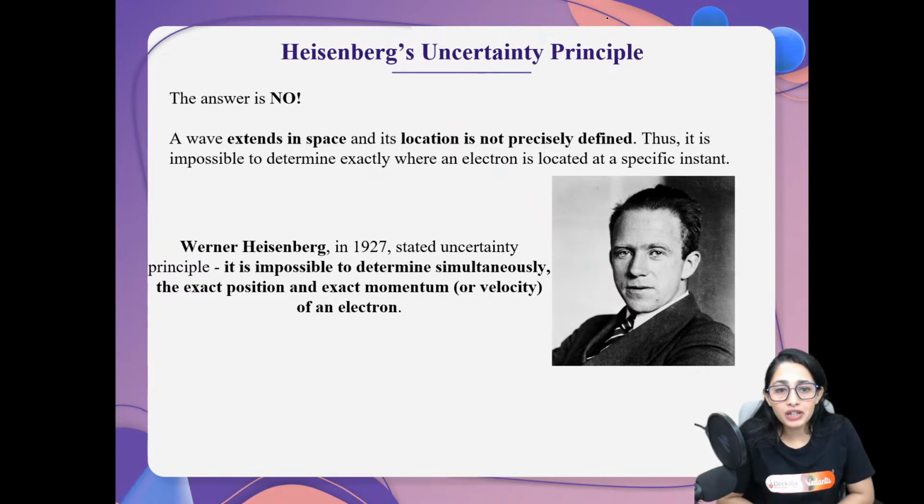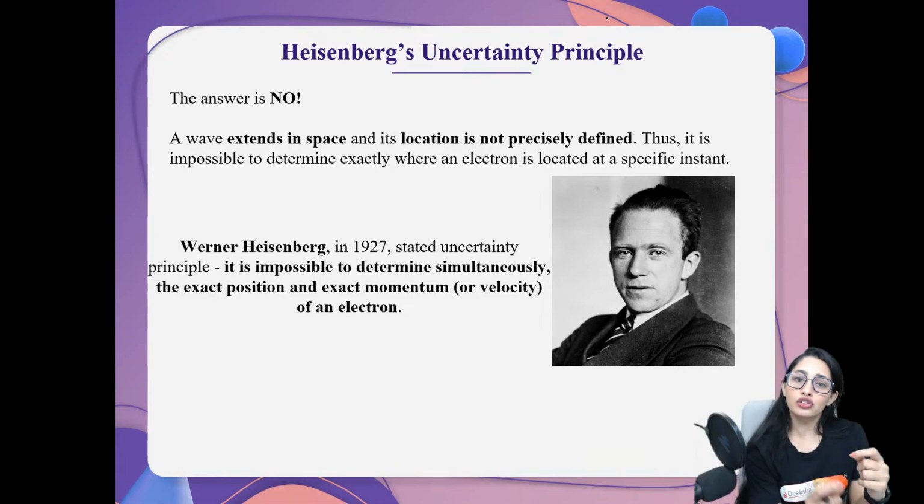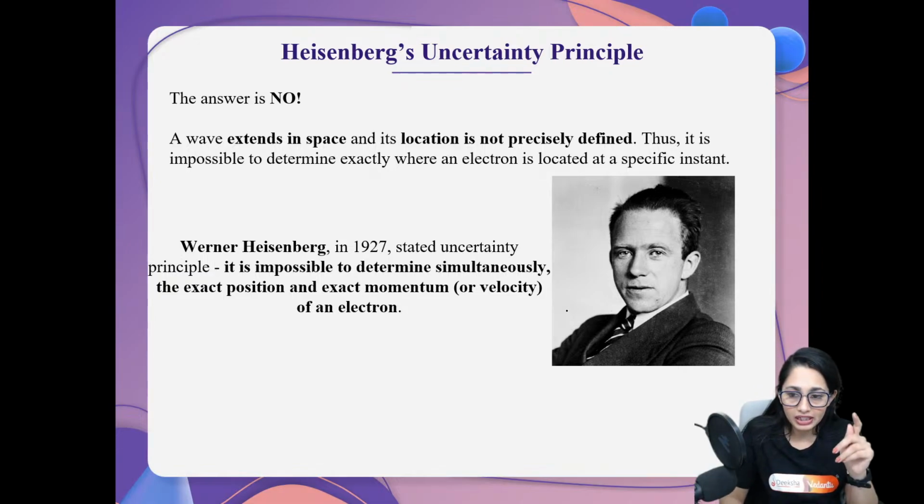Okay. Heisenberg uncertainty principle. So the answer is no. A wave extends in space and its location is not precisely defined. So around the nucleus where the electron is revolving is not precisely defined. Thus, it is impossible to determine exactly where an electron is located at a specific instant. For example, I'll show you here.